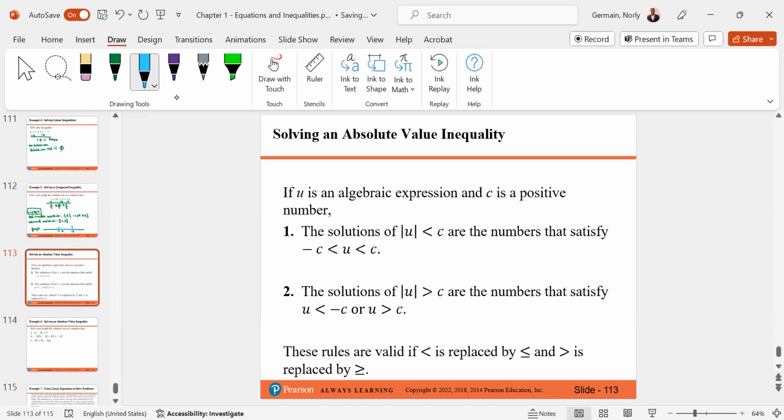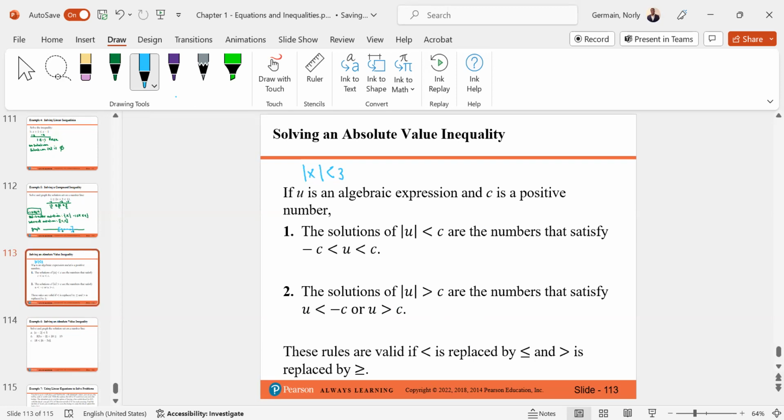So we can use this geometric interpretation to solve an inequality such as, I'm going to write it here for you, if I have absolute value of x less than 3, for example, right? This means that the distance of x from 0 is less than 3, okay? The interval shows x that lies less than 3 units from 0, right?